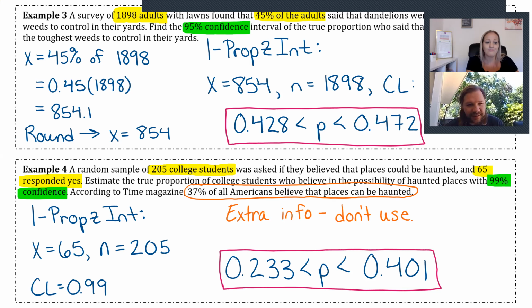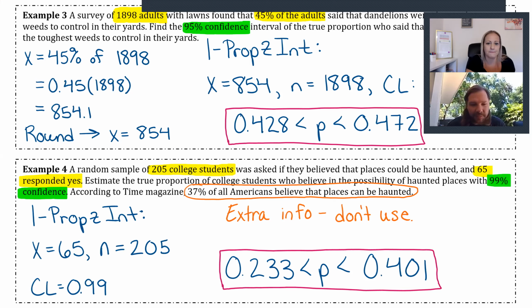Well, it falls inside of it, but it falls to the high side of it, I guess. Yeah, but I think the main thing to realize is that it does fall in it. So that does seem like a believable statistic, at least based off of the interval that we came up with. And how do you know that 37% is between those two decimals? Because it's 23.3% and 40.1%.